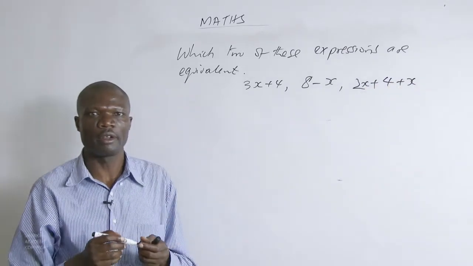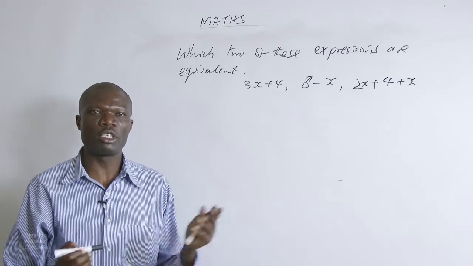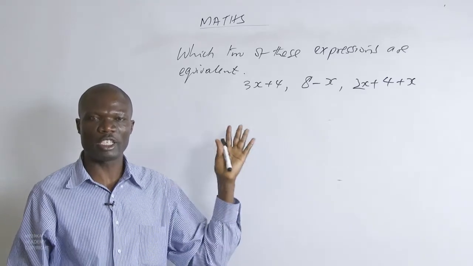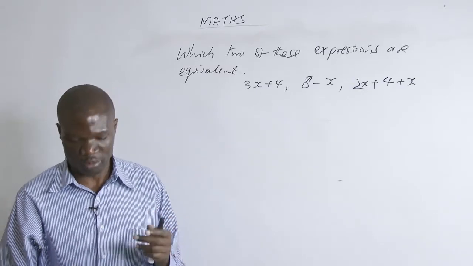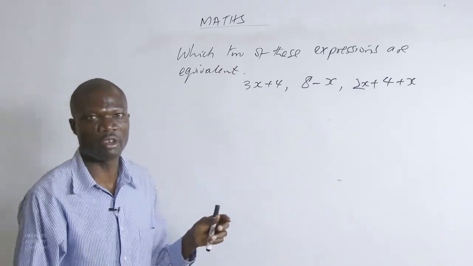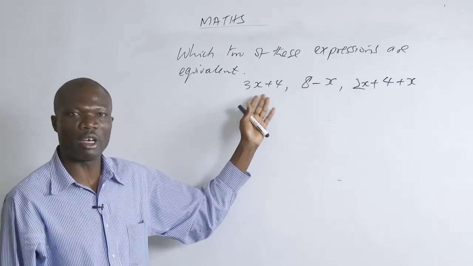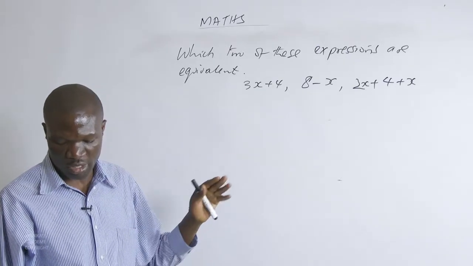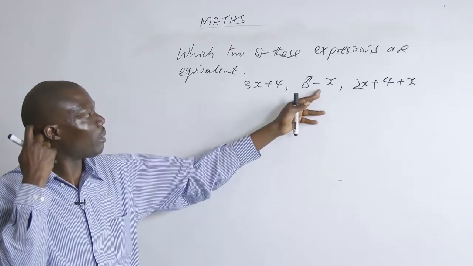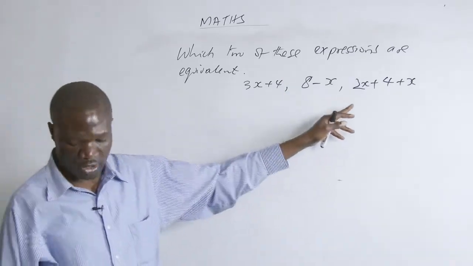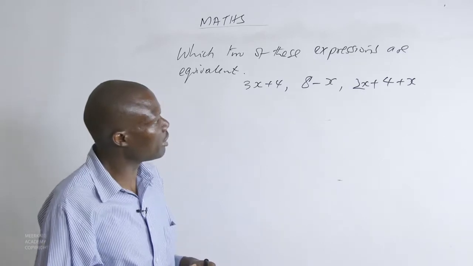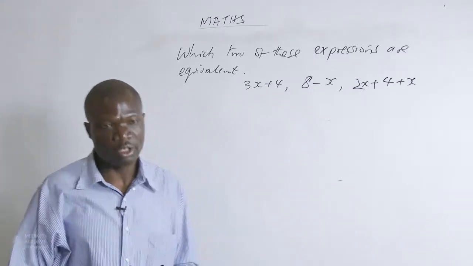Now, here we are being asked which two of these expressions that we have are equivalent. And the expressions that we have is 3x plus 4, the first expression. Second one is 8 minus x, and the last one is 2x plus 4 plus x.